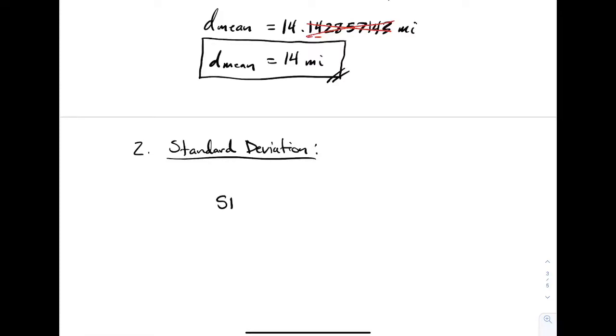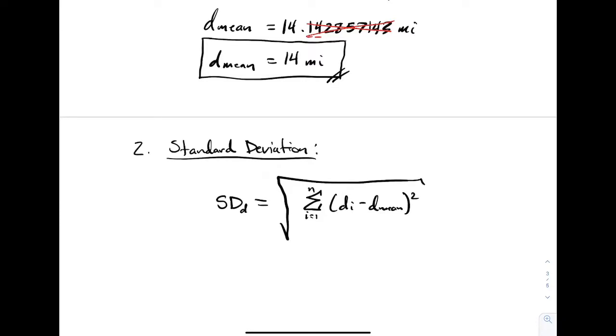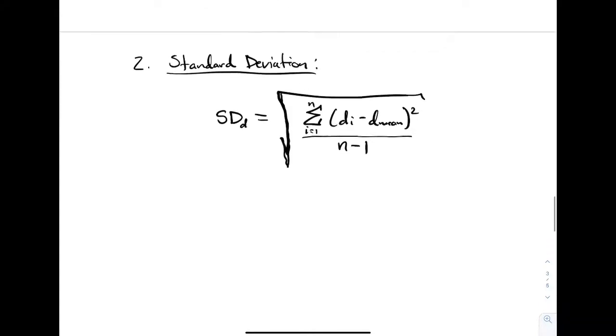I always write standard deviation, and we're doing this in D, is equal to the square root of a sum again, d_i minus d mean, squared, and this is all divided by n minus 1. So make sure it's obvious that this n minus 1 is also under the square root. Students often forget to do that.